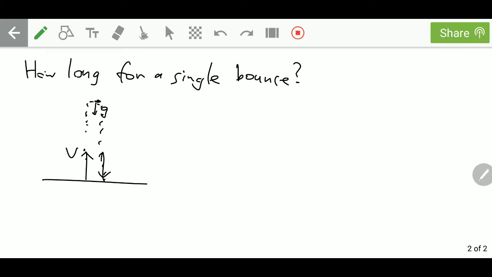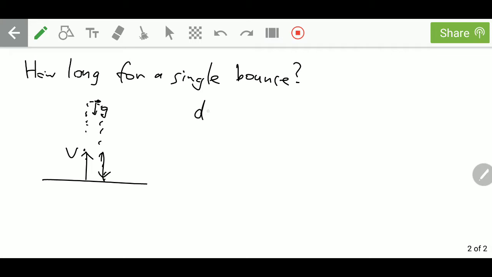We know the displacement after a certain amount of time. There are many ways. We can use many of the different constant acceleration kinematics equations to solve this. But what we can do is find the displacement at a particular time.